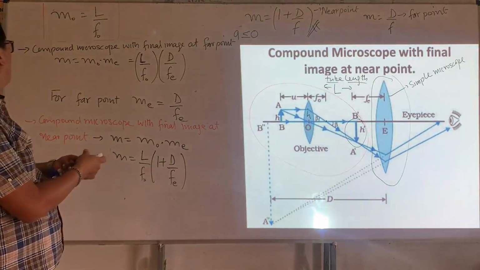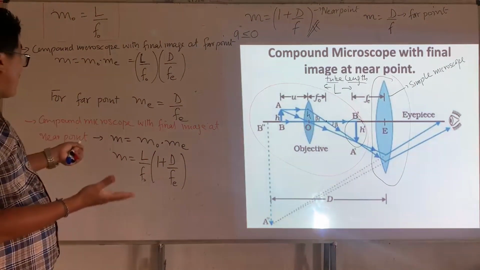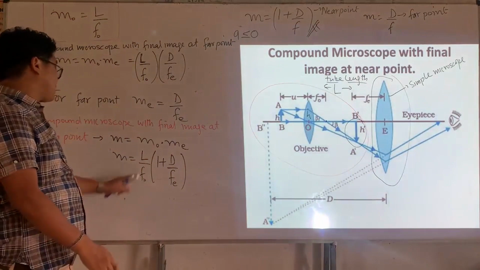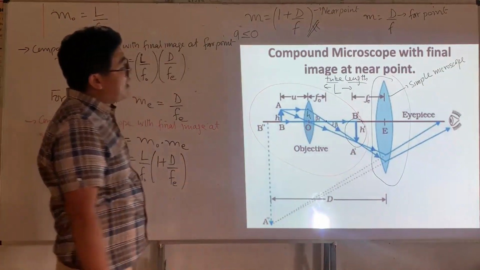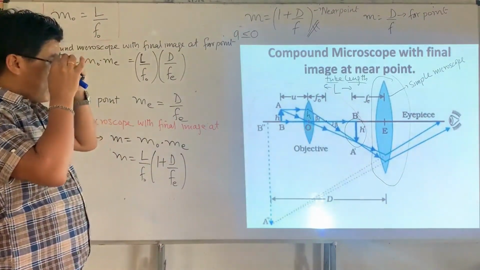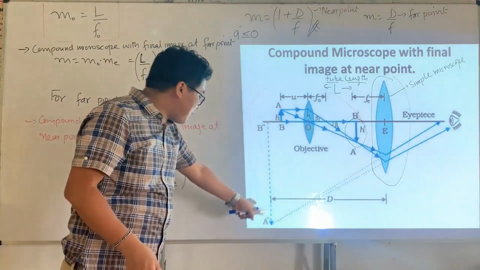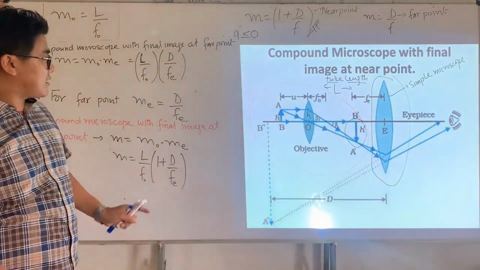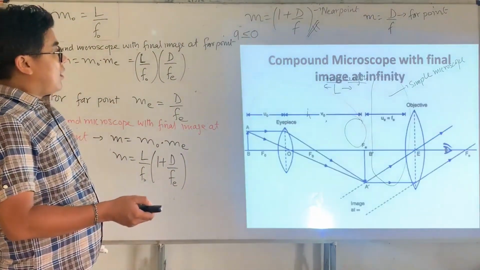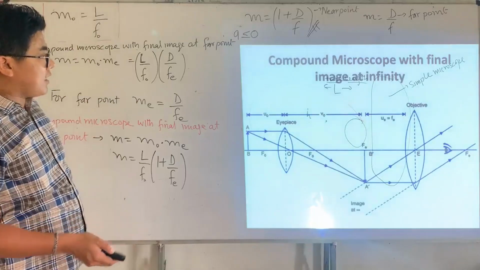final compound microscope, right? Now I have already done it in the textbook. We have only done the simple one, with the image at the near point, and you can go on and draw a ray diagram for a final image at the far point.